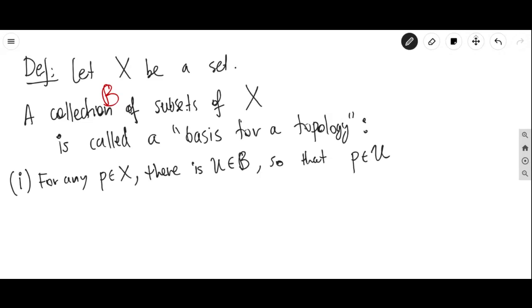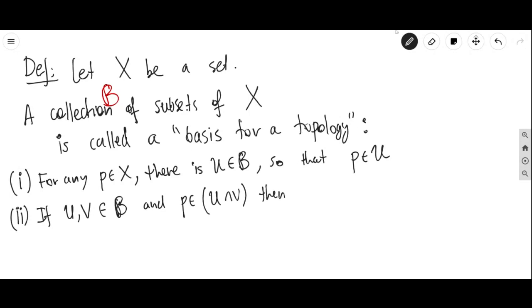Then the next property says that if U and V are in your basis, and P is a point that they share in common, then, now here's the thing. This collection B, we do not call it a topology. We call it a basis for a topology.